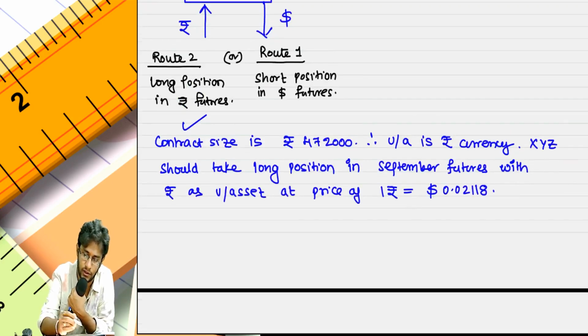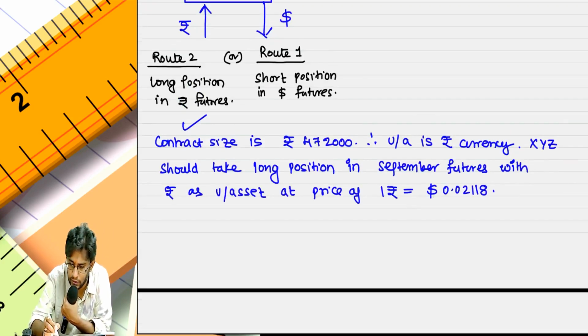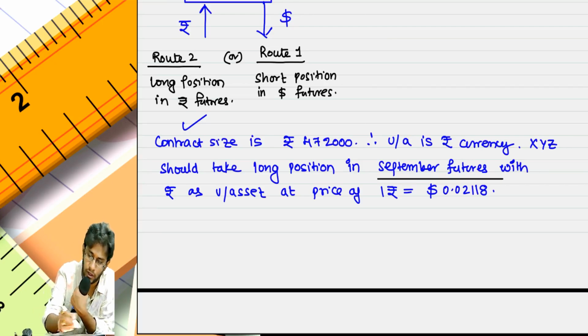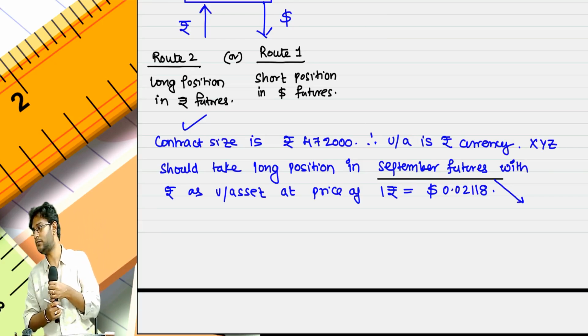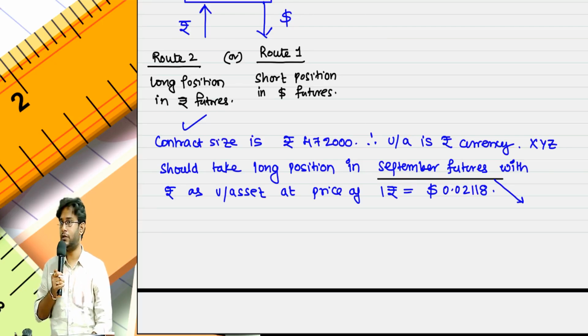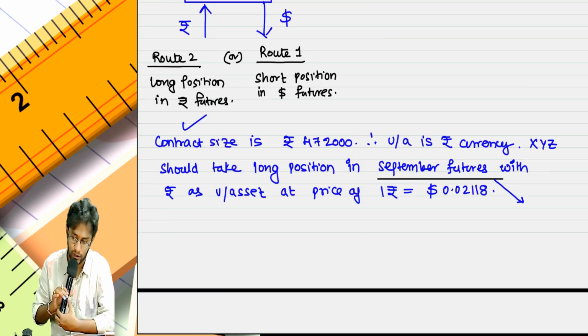Just for a hint, I'm making you write September futures, underline it, put an arrow mark outside and write: expires at the end of September. Because if you are able to read that here, in the final climax you will get a hint of what is going to happen.